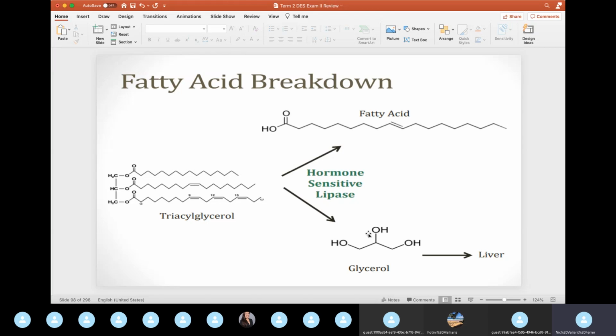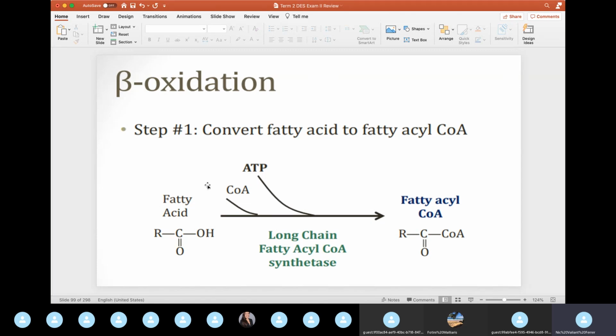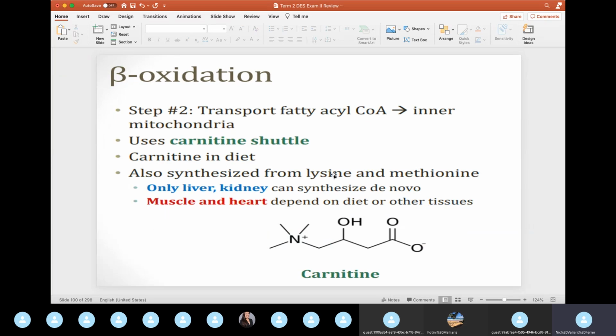You remove the glycerol head, you retain the fatty acid. And then this fatty acid can be converted to fatty acyl-CoA via long chain fatty acyl-CoA synthetase. So you need ATP, you also need CoA. Don't forget, fatty acyl-CoA synthetase to make fatty acyl-CoA. Then this fatty acyl-CoA, we're going to go to your mitochondria via the carnitine shuttle.